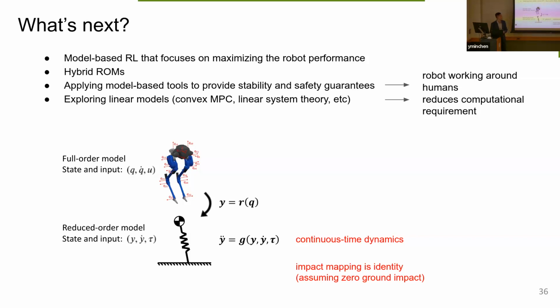And lastly, we found that in our experiments, linear models surprisingly did very well in a specific set of tasks. This is pretty exciting because, like I motivated in the first slide, making a humanoid robot involves many trade-offs. If we use a linear model, then the MPC problem becomes a convex problem, and this significantly reduces the computational needs.